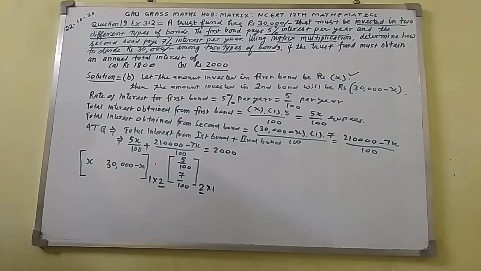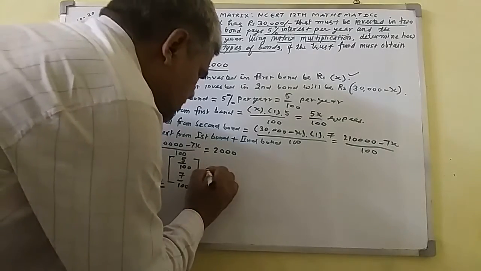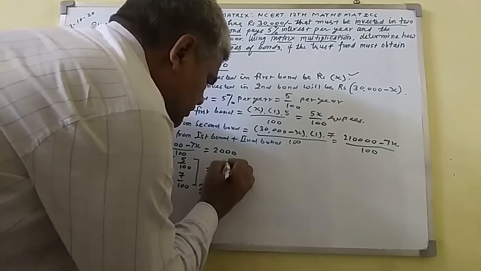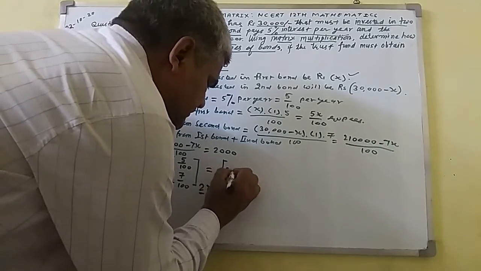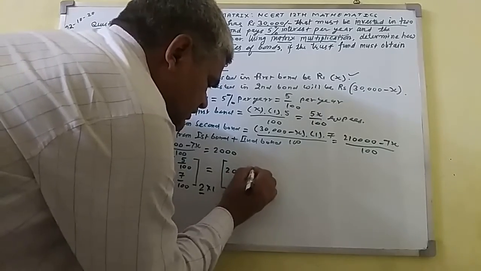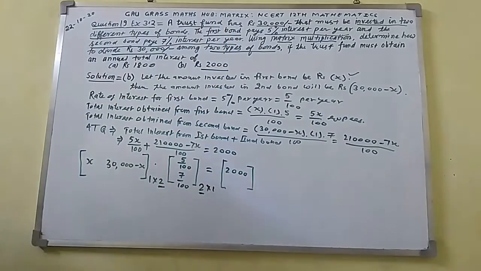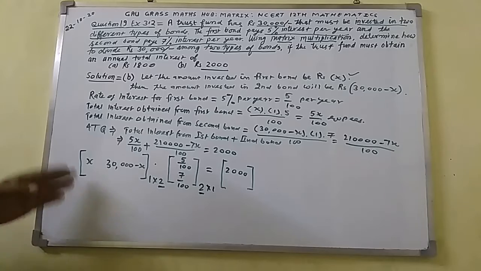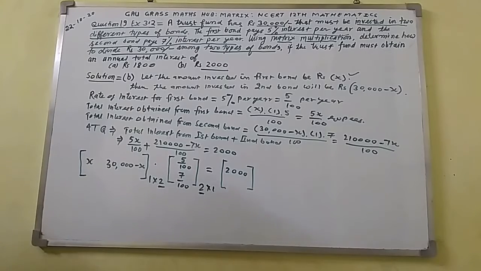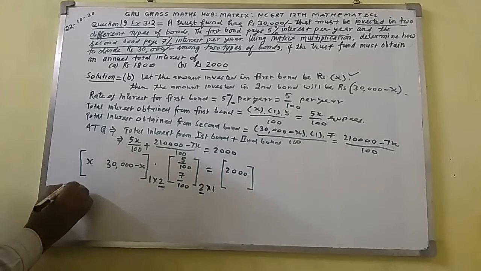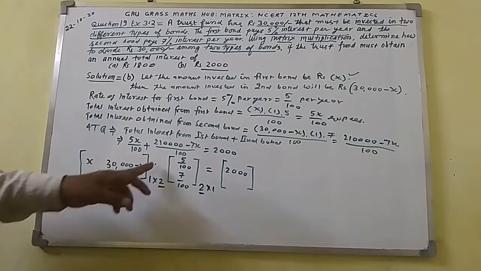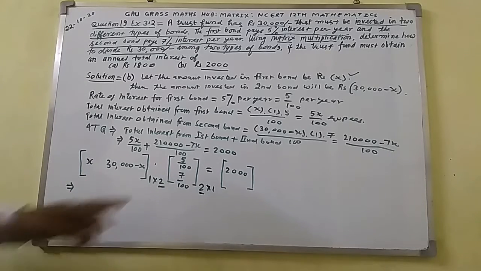Total annual interest rupees 2000. So here I shall write in the matrix form 2000. Like this it is written. Then what will we do here? Here I can write that multiplication is there.